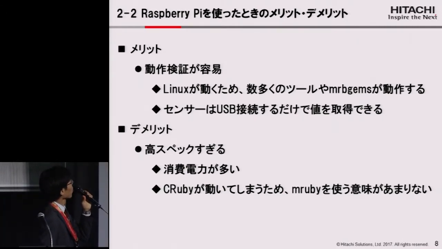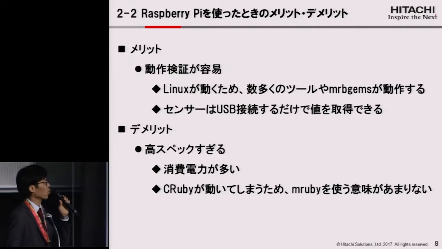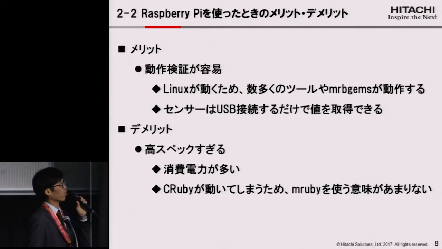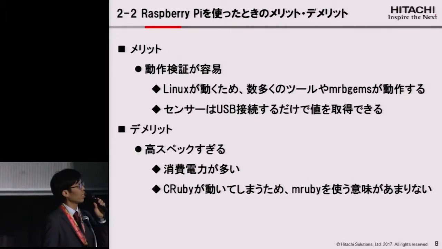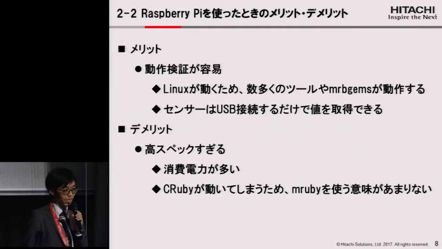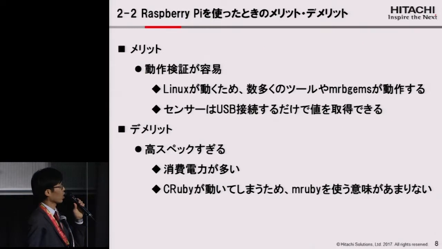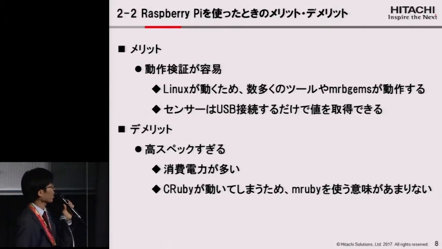But actually, the performance is very good. Since Linux works, many tools and mruby gems also work. And by just connecting the USB, the sensor can obtain values. So it's very simple.